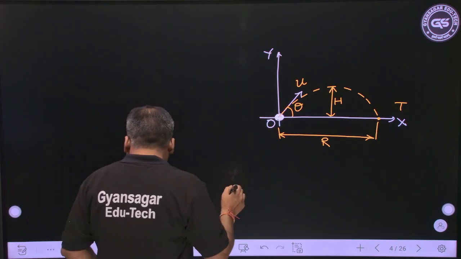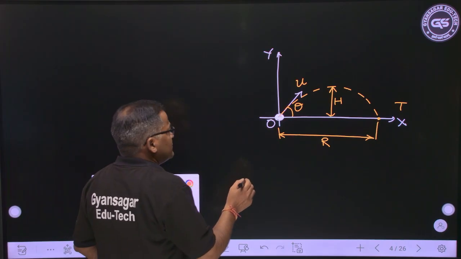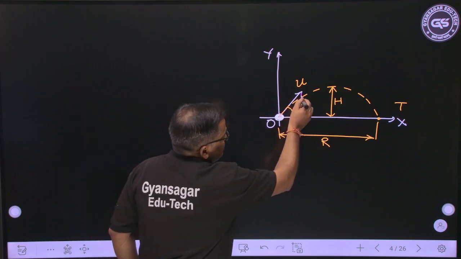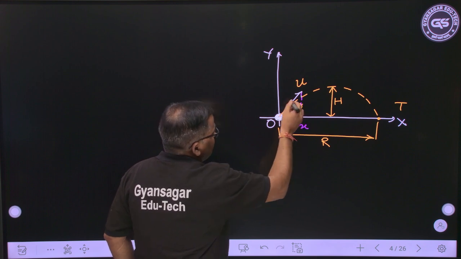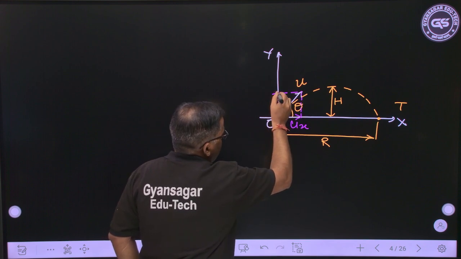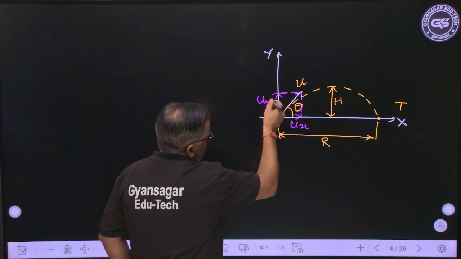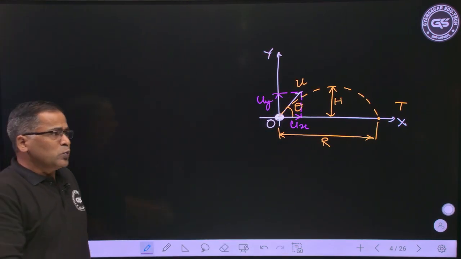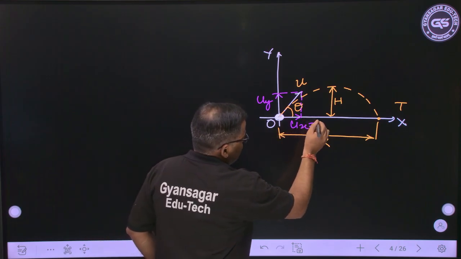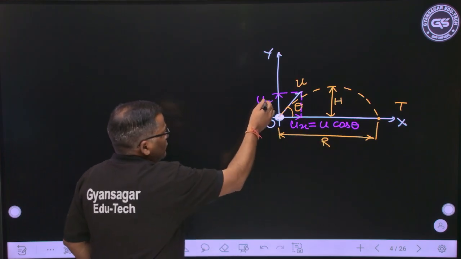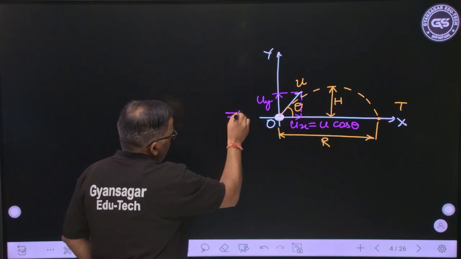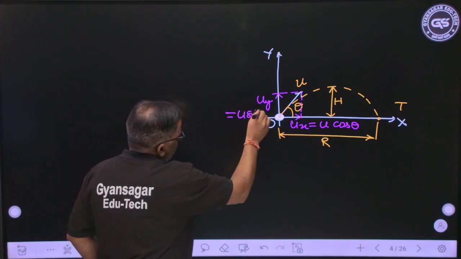I will resolve its initial velocity like this, ux and uy. Ux is nothing but u cos theta and uy is u sin theta.